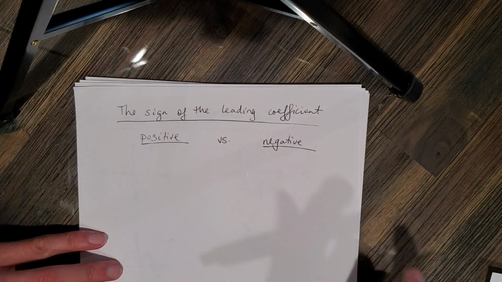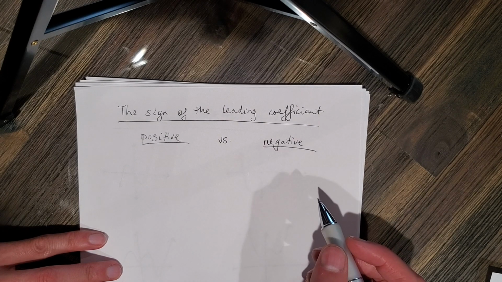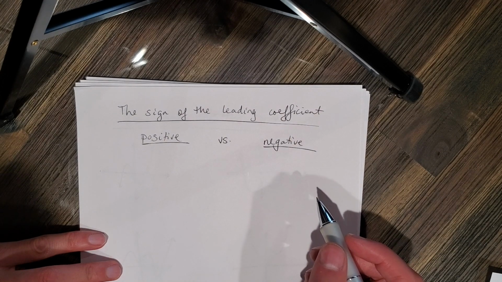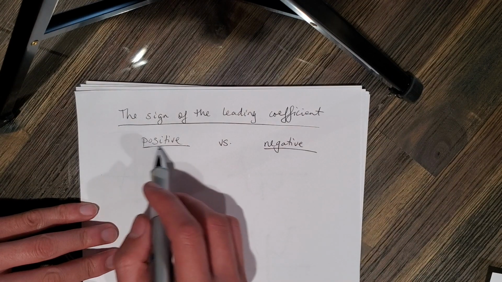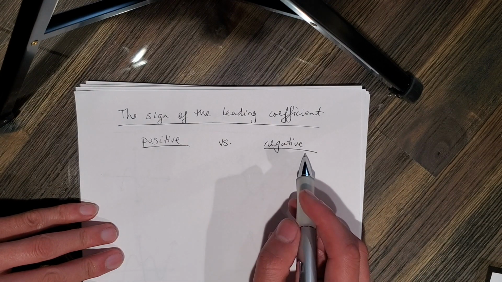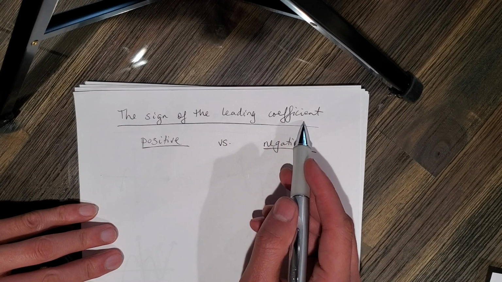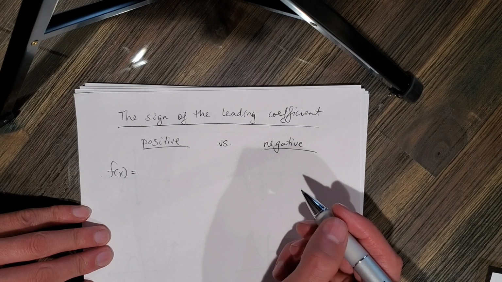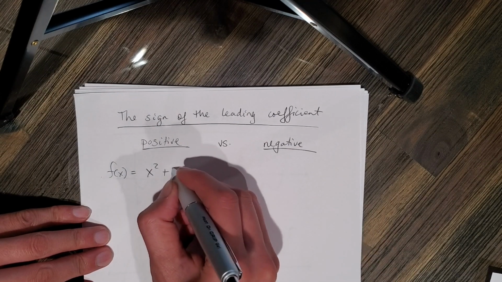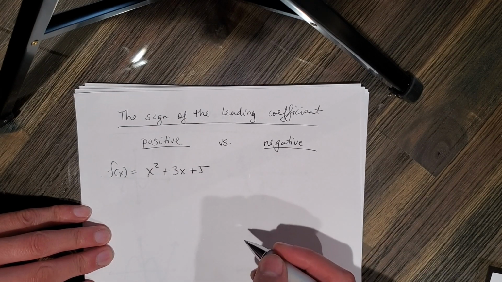Now we get into the sign of the leading coefficient. If we have a graph, we're either going to have a positive or a negative leading coefficient. Now what is a leading coefficient? For example, let's say I have f of x equals x squared plus 3x plus 5.